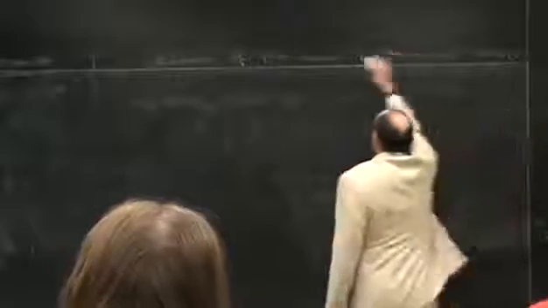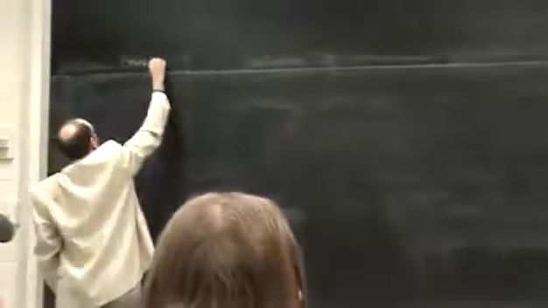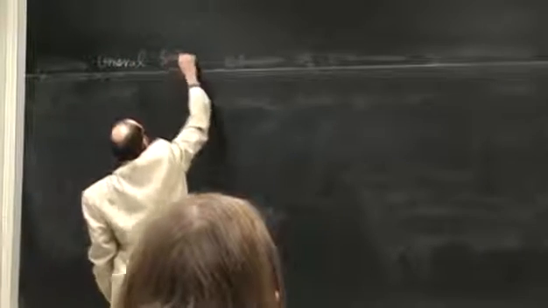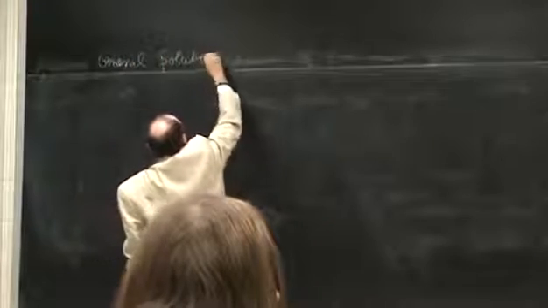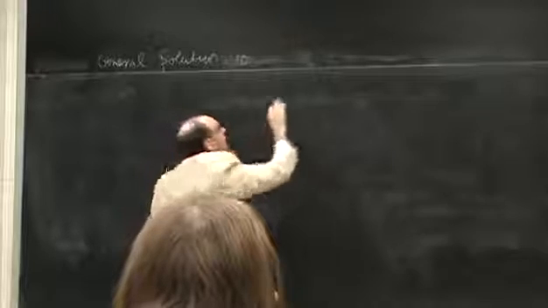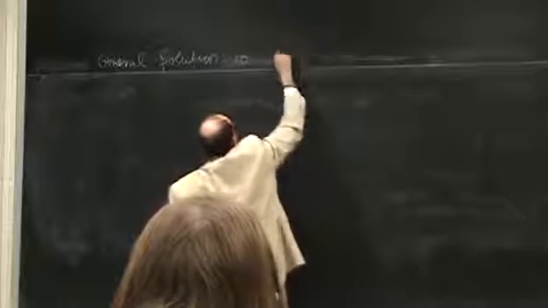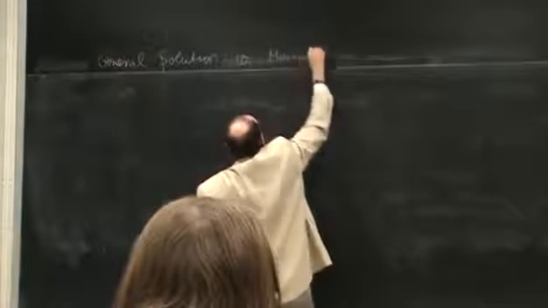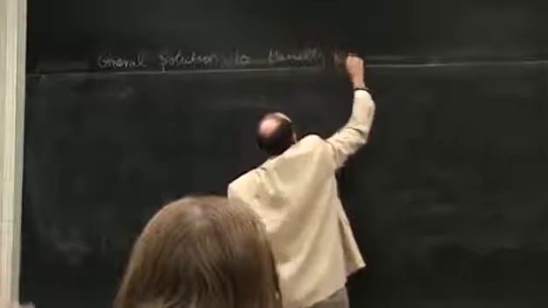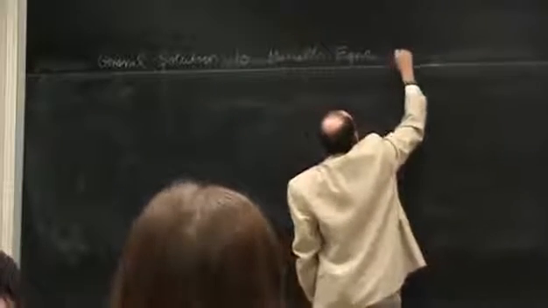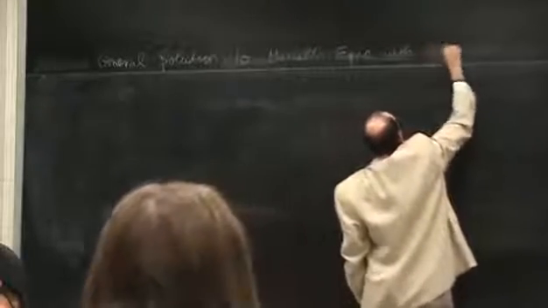What is the Green's function? What we want to now look at is how this helps us find the solutions to Maxwell's equations with sources. So what we're looking at now is the general solution to Maxwell's equations with sources.